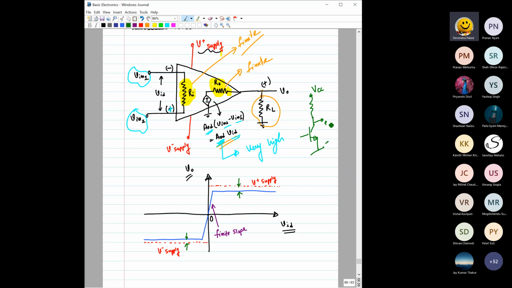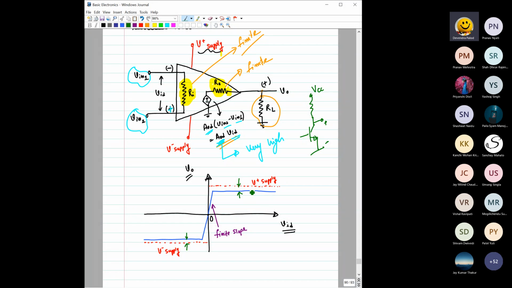There will always be some voltage drop in this total path somewhere, and you will always get an output voltage which is a bit lower than this VCC, the supply voltage, right?